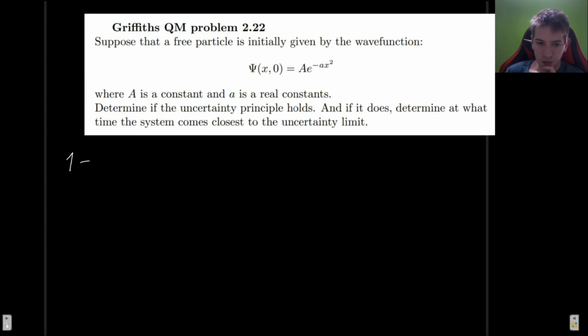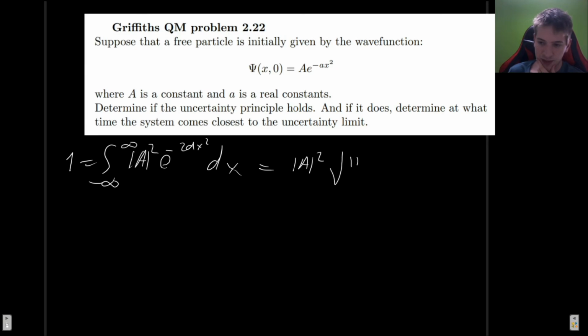So we get that 1 is equal to the integral from minus infinity to infinity of A squared e to the minus 2a x squared dx. I just squared this wave function because it's real, so this is the modulus of psi squared. This integral, A squared can just come outside, and it's just a Gaussian integral, as we have seen many times before.